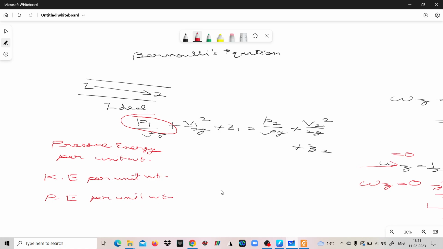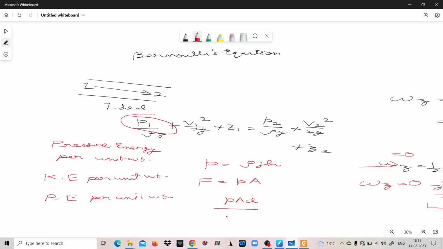Now see what is pressure. The hydrostatic pressure is given by rho g h. Force is pressure into area. Now, pressure energy will be pressure into area, multiplied with a certain displacement, say I am writing d, now divided by weight, because it is pressure energy per unit weight.